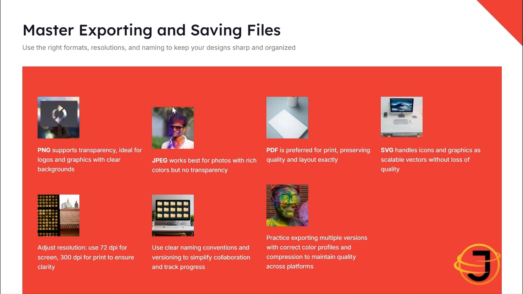It's useful for logos and icons. But for a photo without transparency and with a lot of colors, you want to use JPG. Then PDF is for when you want to print and preserve quality after you have designed. When you are exporting, you don't want the quality to reduce.